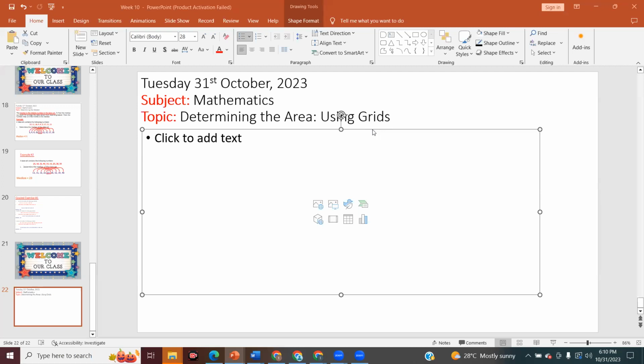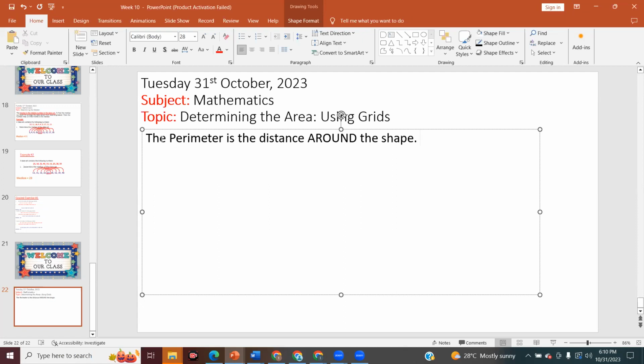So when we talk about the perimeter, the perimeter is the distance around the shape. Is that true, right?